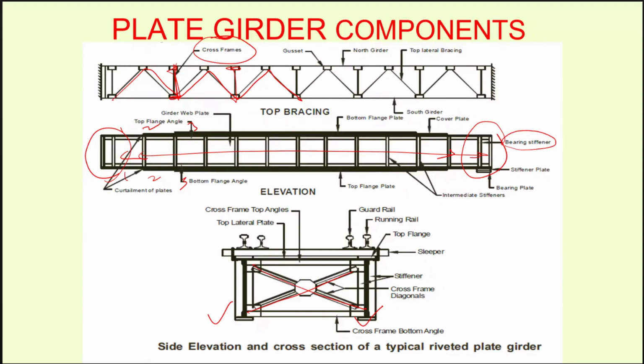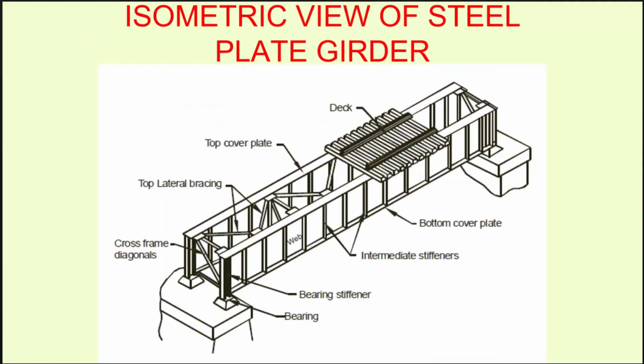Similarly, the cross bracing and the lateral bracings. See, the main I-girder is the primary member. However, the cross bracings and the lateral bracings are the secondary members. Now in this view, you can see the deck is also placed on top of that.